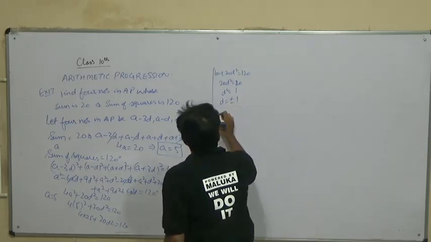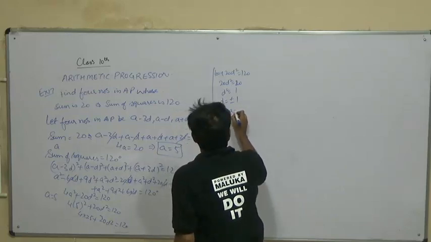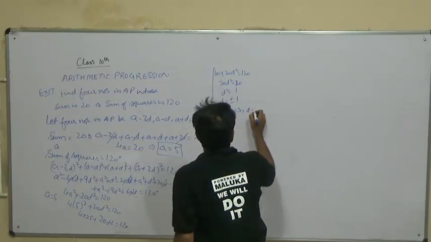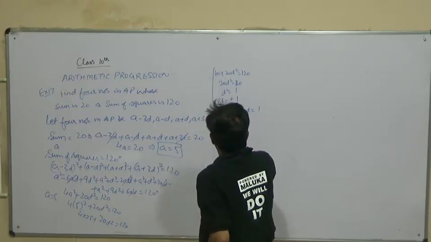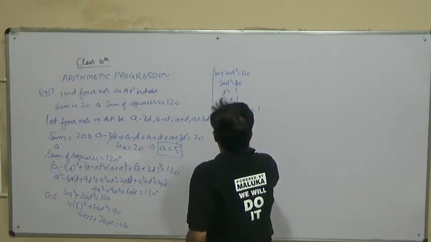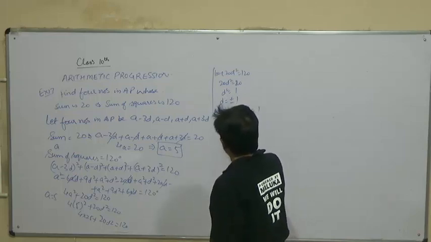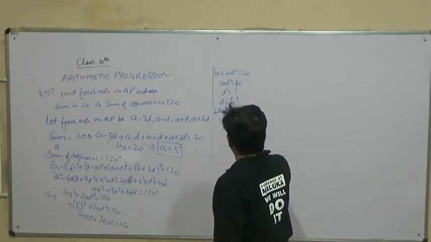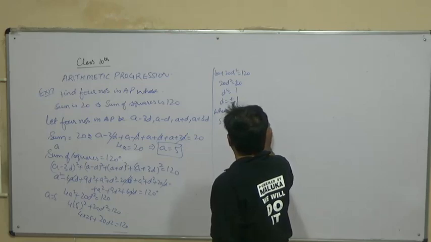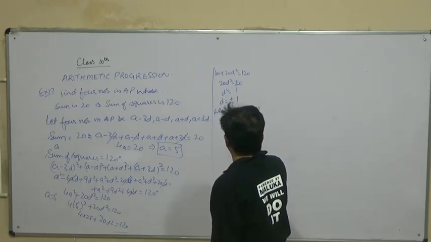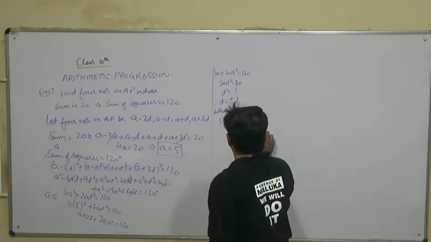So when a is equal to 5, d is equal to 1, the numbers will be 5 minus 3, 5 minus 1, 5 plus 1 and 5 plus 3. So this comes out to be 2, 4, 6 and 8. So these are the numbers.